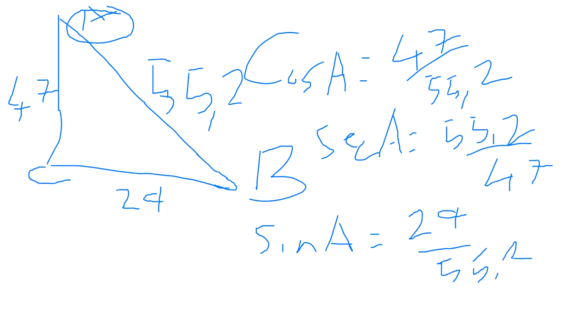And cosec theta, or cosec A, which is the reciprocal, will be 55.2 over 29.